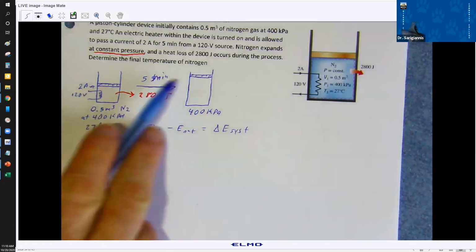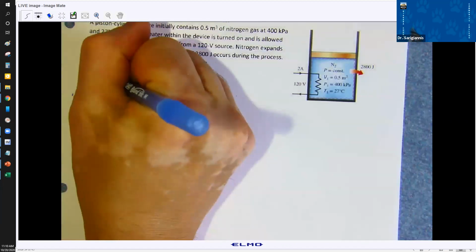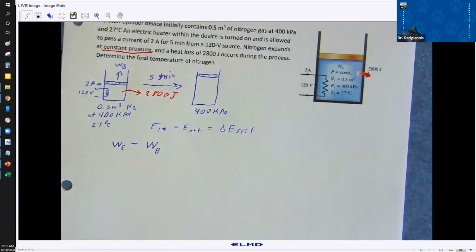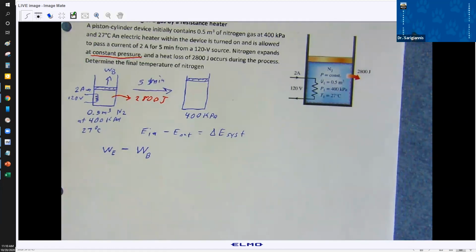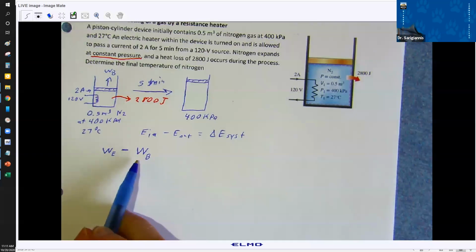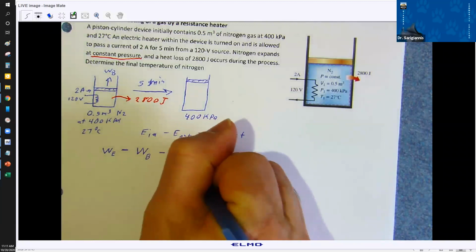Because this piston is moving. So I can just make a little arrow here, right? In that 5 minutes, that piston is moving upward. So that's boundary work. So yeah, heat in, work out. And then we have heat out.